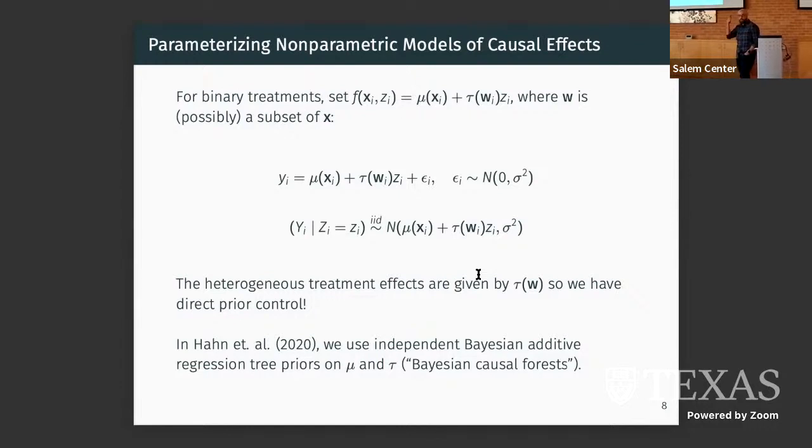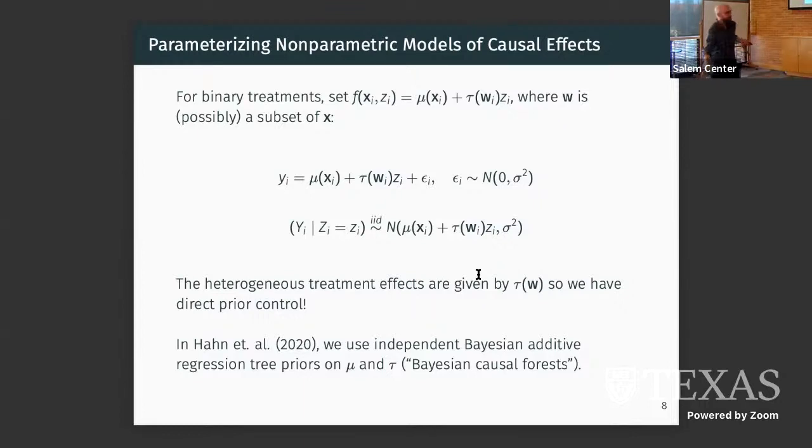So up until here, I've been sort of prior agnostic in terms of what kind of prior distributions you want to put on mu and tau. Some of the more effective Bayesian non-parametric models out there are built on regression trees, Bayesian additive regression trees. And using Bayesian additive regression tree priors on mu and tau gives us a model that we introduced in this paper here that we call Bayesian causal forests.